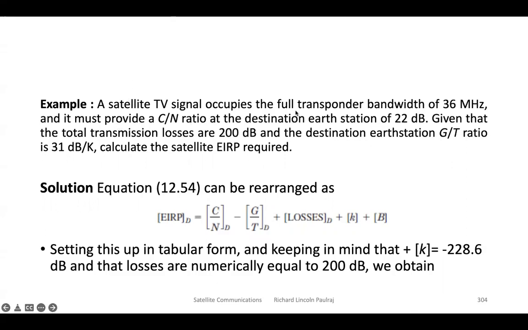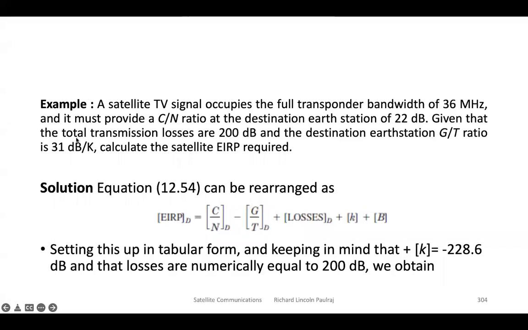A satellite TV signal occupies a full transponder bandwidth of 36. We know that it's 36 plus 4, where 4 is like a guard band. It must provide a C by N ratio at the destination station of about 22 dB.